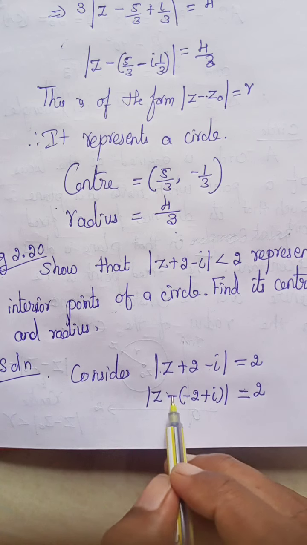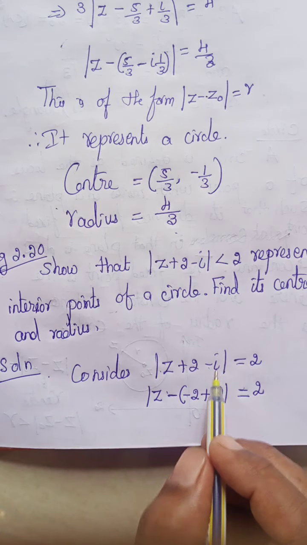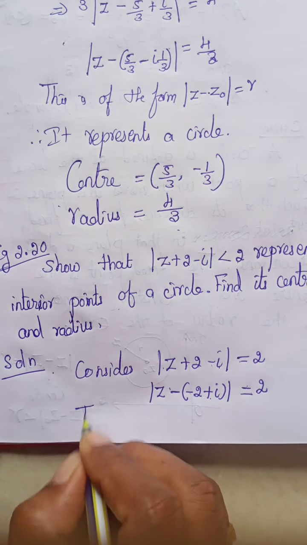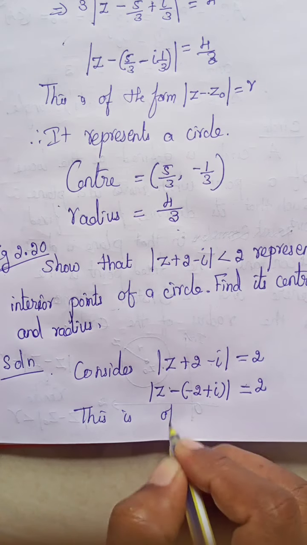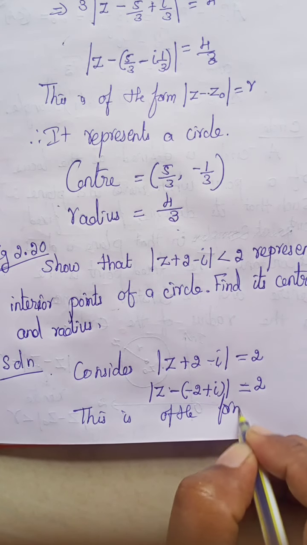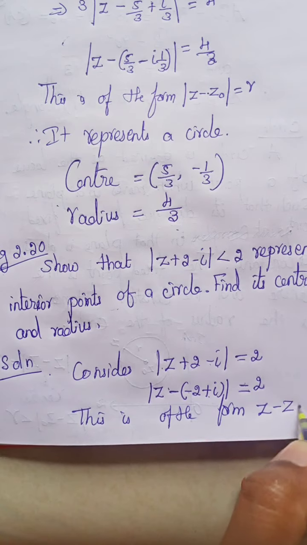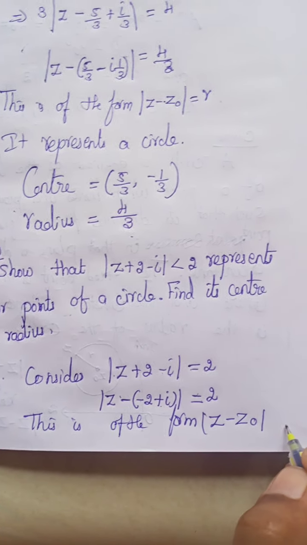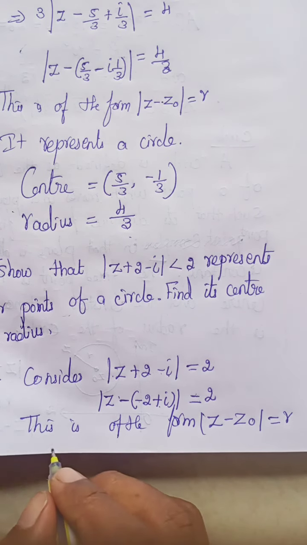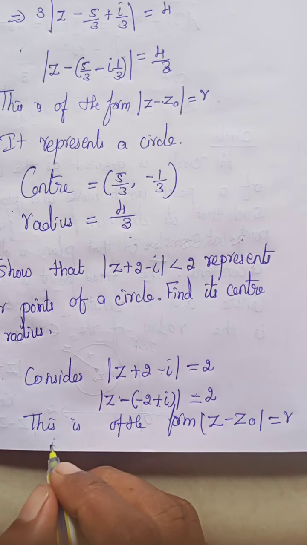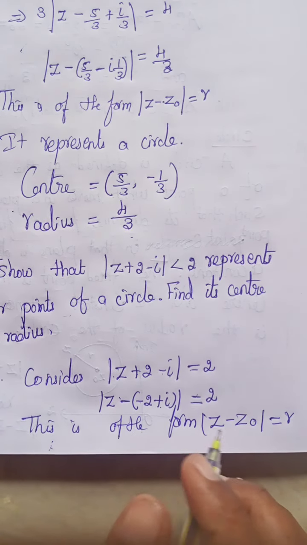Value has not changed. So I can write this is of the form modulus z minus z0 equal to r. Isn't it? Therefore it is a circle.